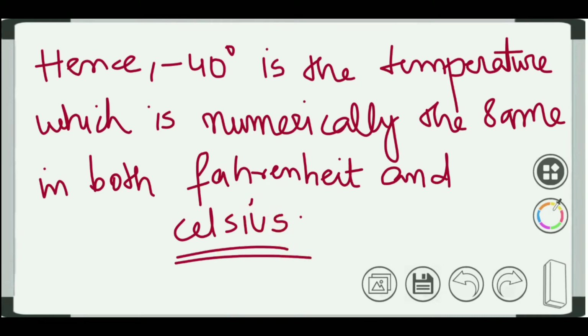This is the conclusion. So by this we have completed this exercise.